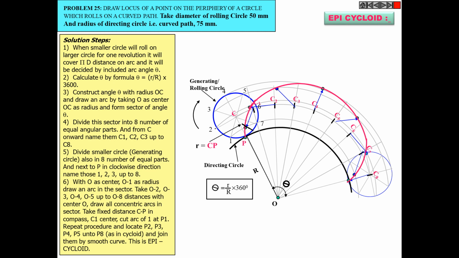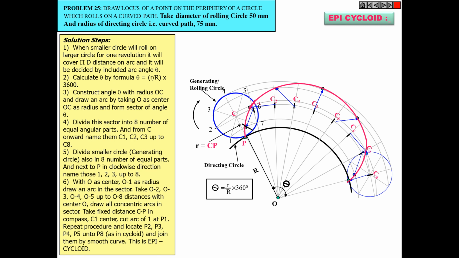So if it is divided into 9 parts, then what is our center point? No, you cannot do like this. Then you will get a wrong type of epicycloid. Either you divide it into 8 number of parts, or you divide it into 12 number of parts. Otherwise you won't get that curve. So you have to divide your circle like this.